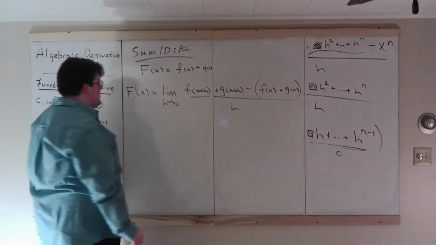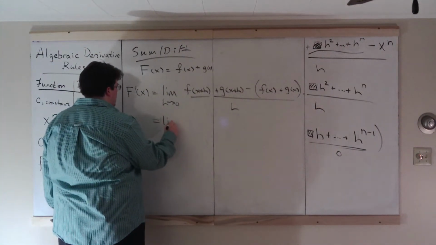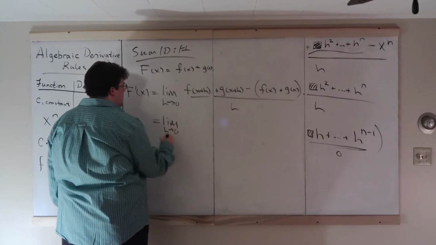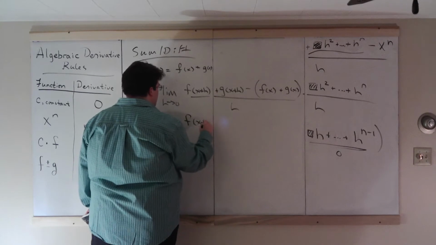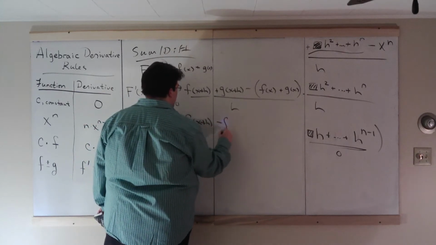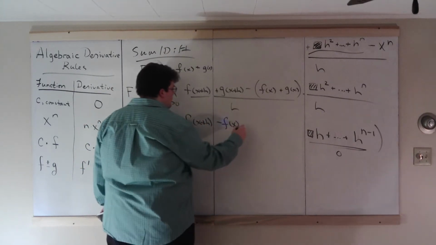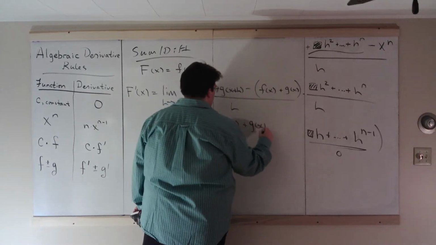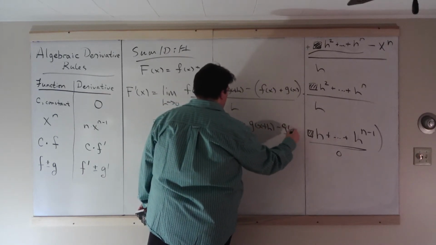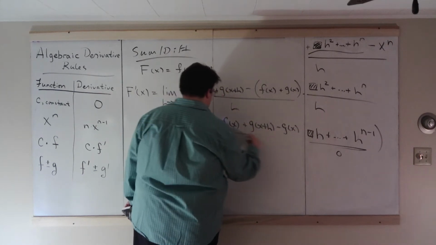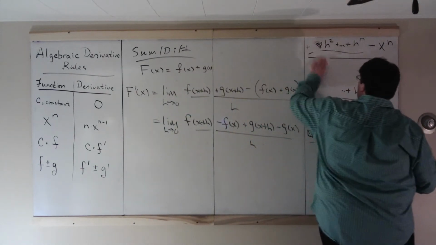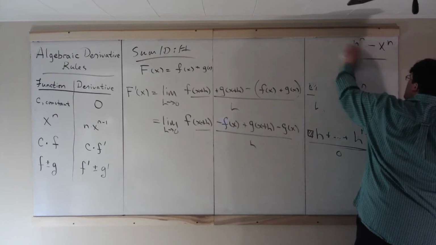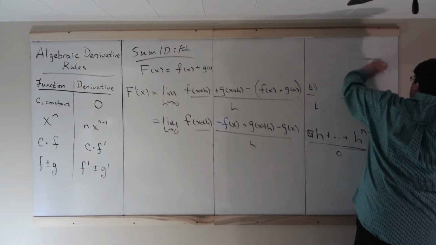Well, how does this simplify? I'm going to distribute that negative. I'm going to rearrange the top as well. So I distributed the negative, and then I flipped the two middle terms around.